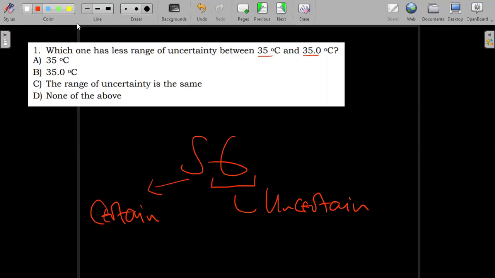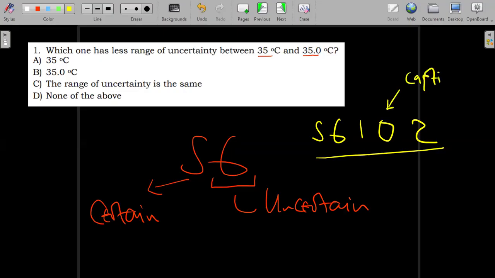So if I wrote a number like 56102, following the rules for counting significant figures, all these digits are significant, including this zero, because it is what we call a captive zero, between two non-zero numbers.